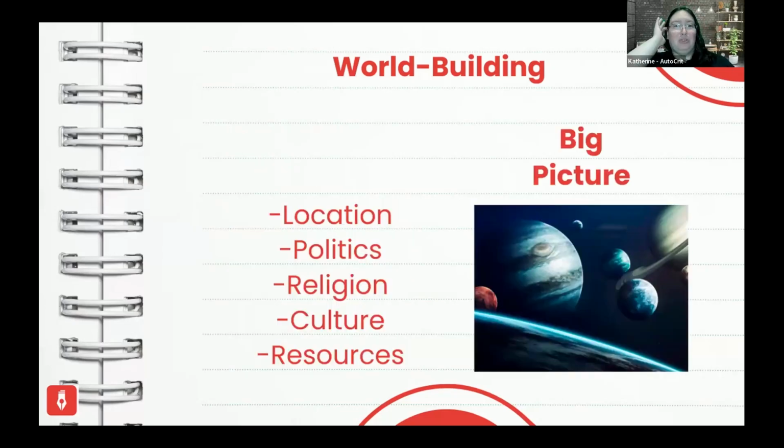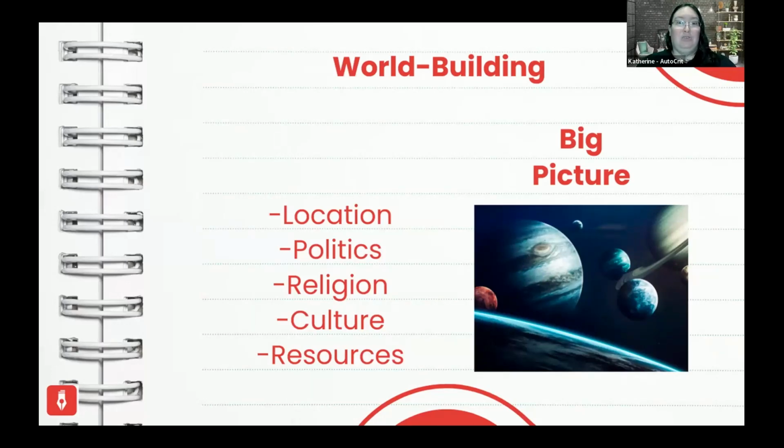Then we have big picture world building. Big picture world building is focused more on that broad location. What planet is this on? What universe is this in? What city is it in? What time period is it? Who is in political power? And how does that affect your main characters? Who is in religious positions?